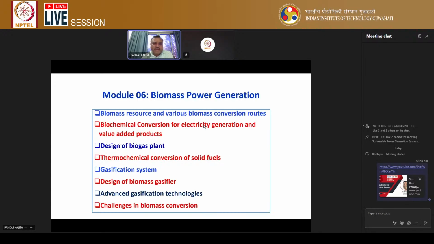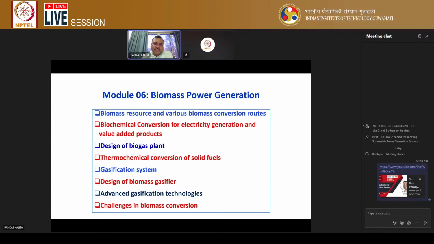So primarily under module 6, we started with biomass resources and their conversion routes, and then how the biochemical process can be applied for power generation and value-added products. Then the design of biogas plants, how a biogas plant can be designed for a particular size, was elaborated. After that, thermochemical conversion processes were discussed, with emphasis on the pyrolysis and gasification processes.